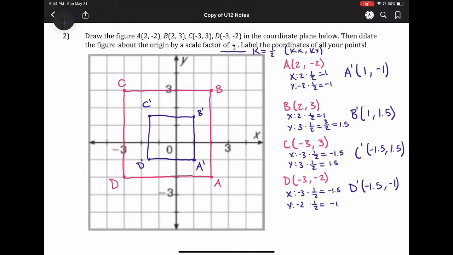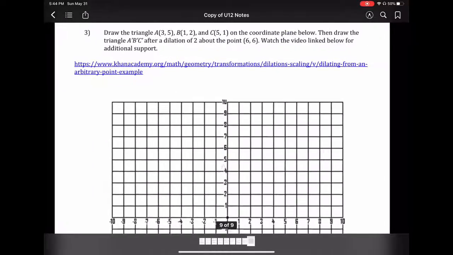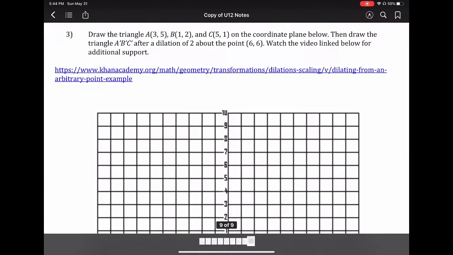All right, that is where we're going to stop for today. You may have noticed that there's one more page and it has this example here. We've previously done this example in a different unit. It was a challenge question. Because we've looked at this one before, we're not going to look at it again, but I wanted to give it to you guys in case you have interest in continuing with this lesson and looking at a little bit of a deeper level of what dilations can do.